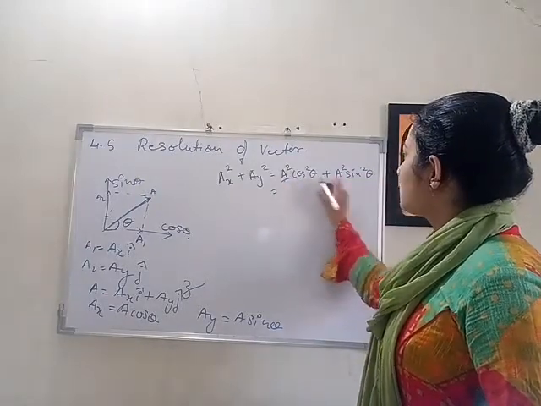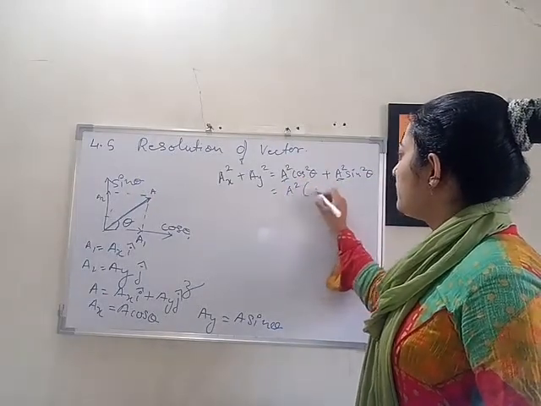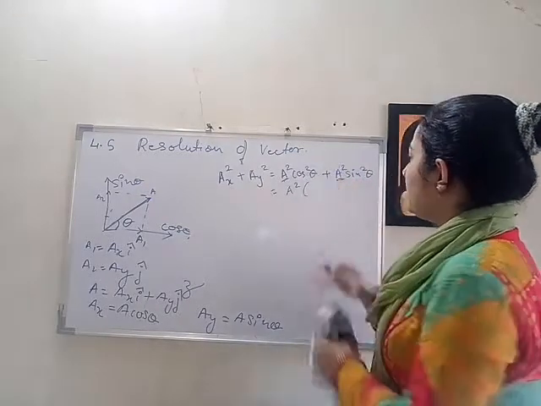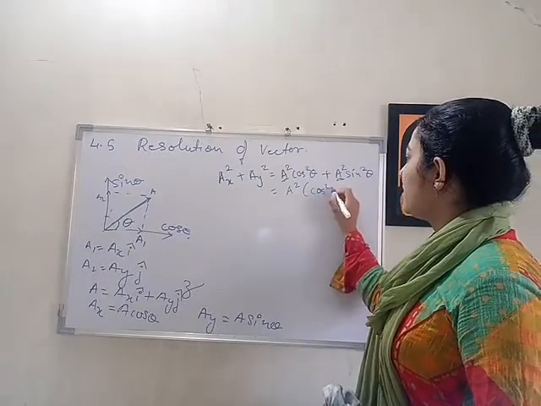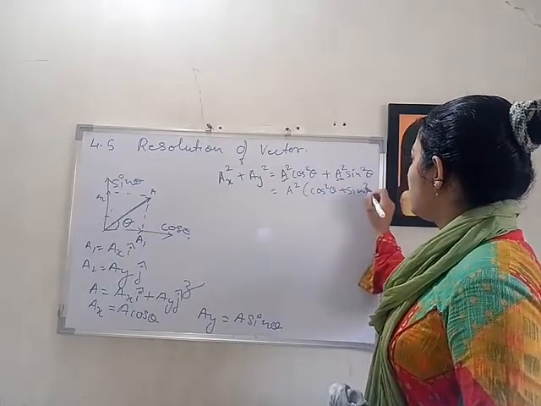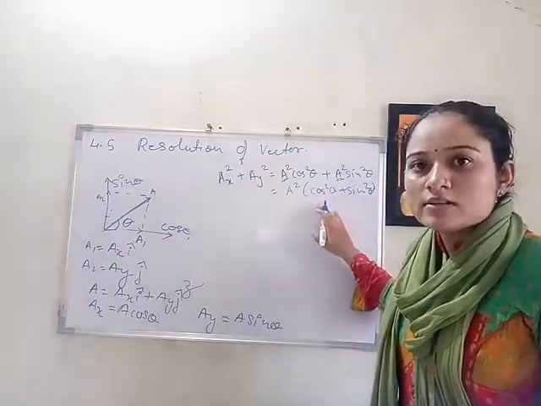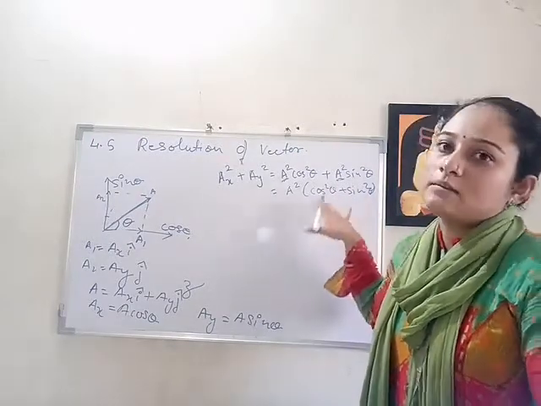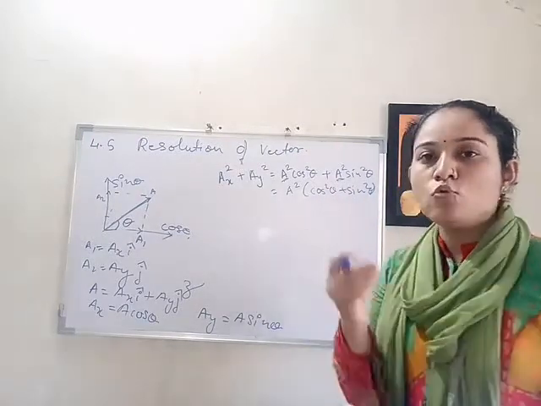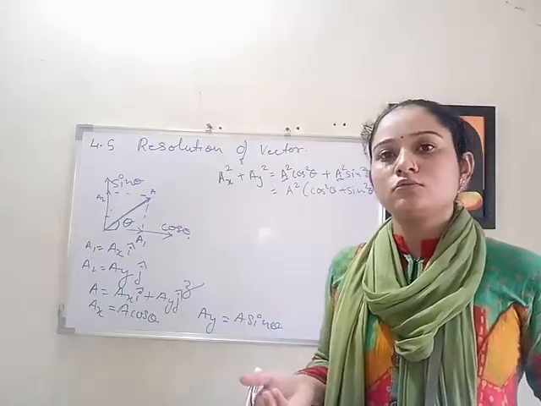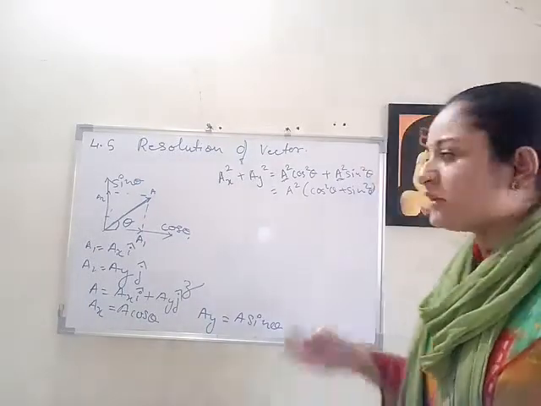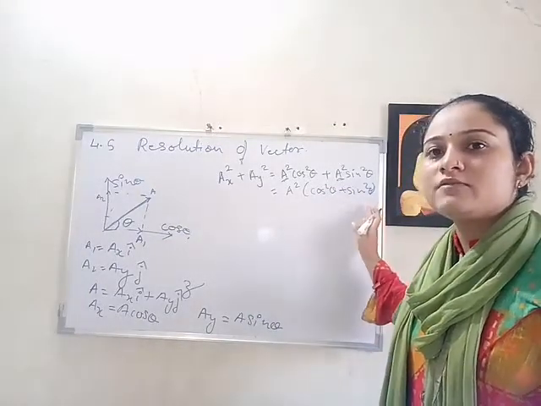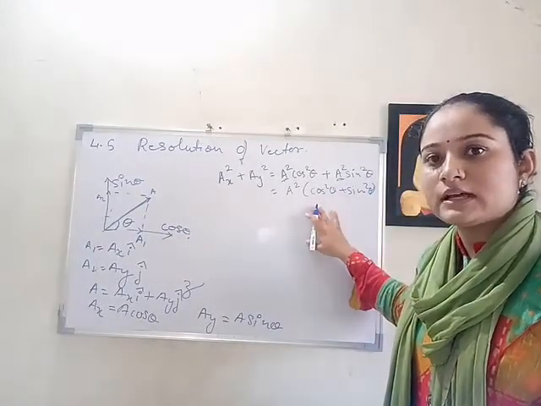Now take A square common, so we will get cos square theta plus sin square theta, or you can also write sin square theta plus cos square theta. Clear? 2 plus 1 or 1 plus 2, both are the same thing.